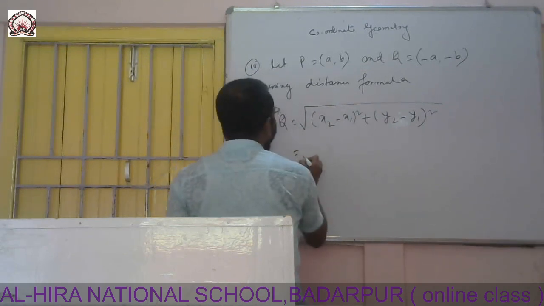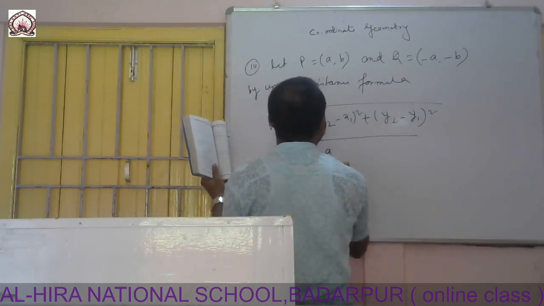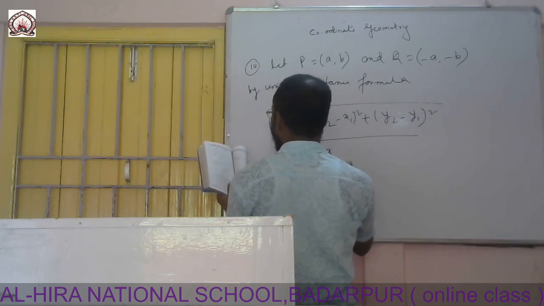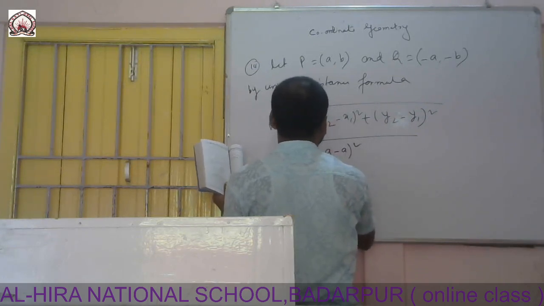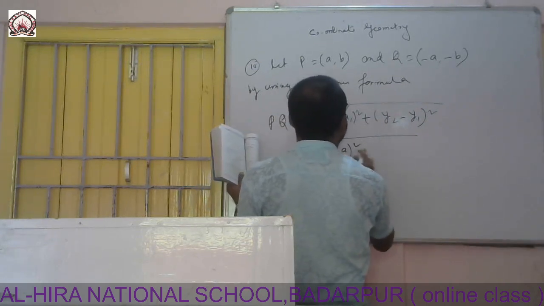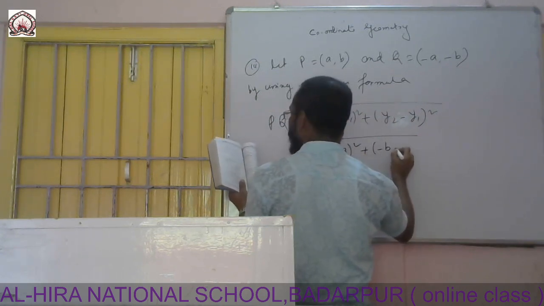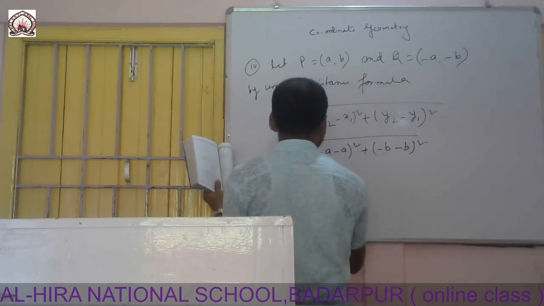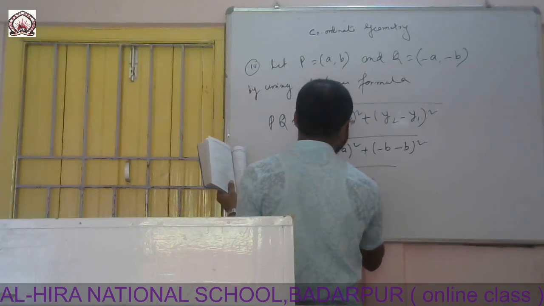Now here x2 is minus a and x1 is a, whole square, then y2 is minus b and y1 is b, whole square. So it is minus a minus a, that is minus 2a, whole square, and minus b minus b, that is minus 2b, whole square.